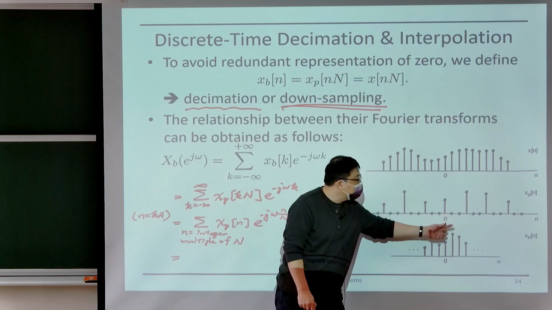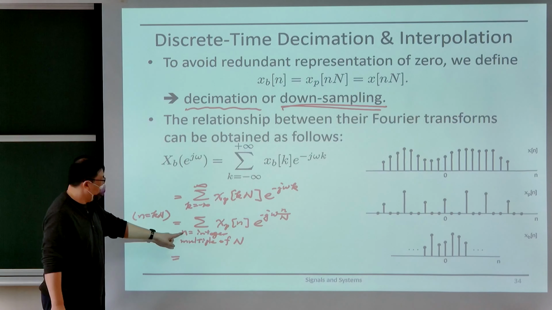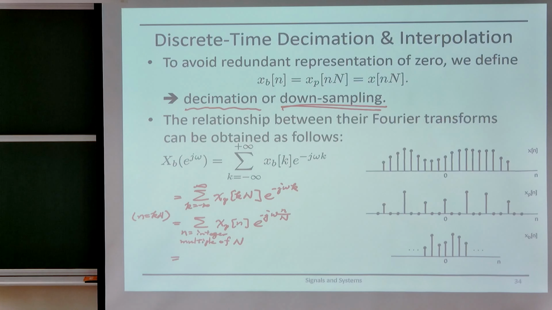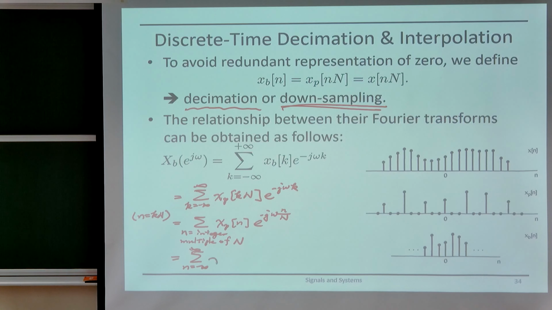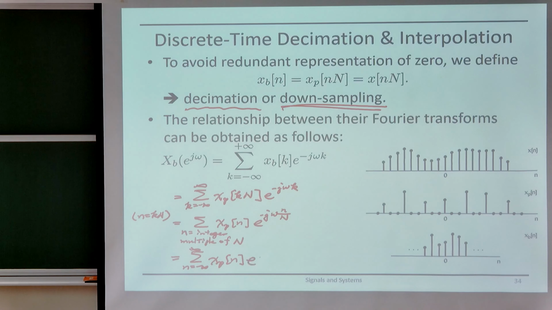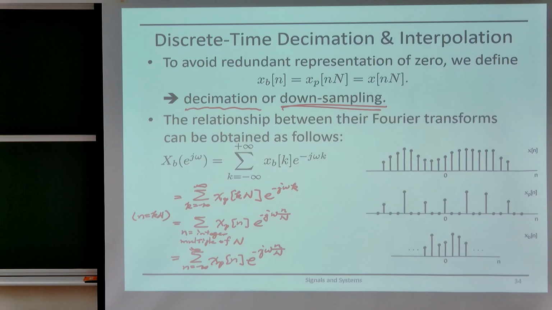For all other values, it is 0. So it's okay to sum over all n, because for all values that are not equal to an integer multiple of capital N, xp is 0 anyway. So I can write this as summation n from minus infinity to infinity, xp[n] e^(-jωn/N). Okay? And this is exactly the spectrum of xp at e^(jω/N).